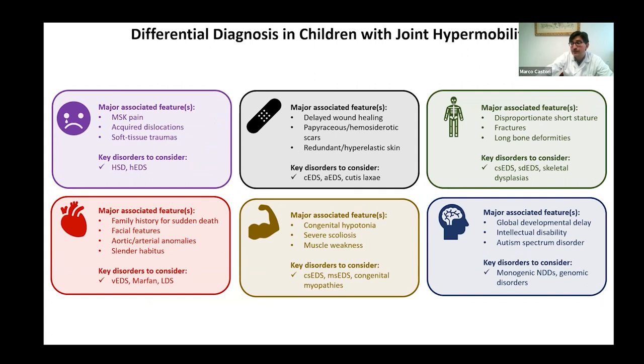The 6 main phenotypic categories presenting joint hypermobility as a clinically relevant physical attribute include specific musculoskeletal phenotypes, to which I will dedicate a separate section in this presentation; disorders with predominant skin involvement, comprising some rare subtypes of EDS and hereditary cutis laxa; disorders with predominant skeletal involvement, such as skeletal dysplasias and some rare subtypes of EDS; disorders with predominant cardiovascular involvement, including vascular EDS and disorders of the TGF-beta pathway; hereditary neuromuscular disorders; and pleiotropic conditions featuring neurodevelopmental disorders.